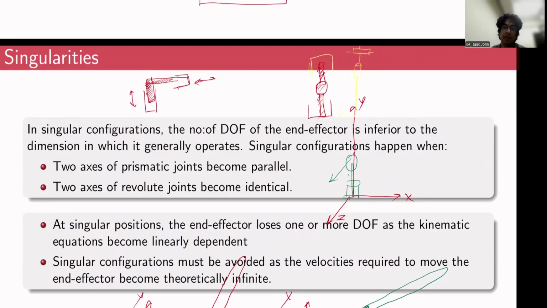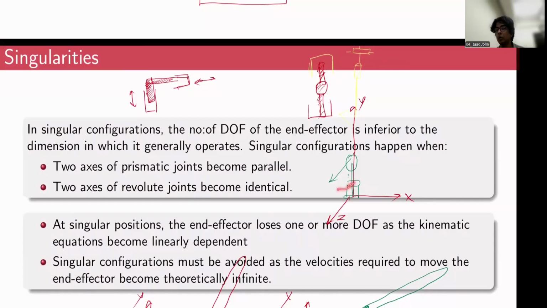It'll still give you the same kind of motion. So in a sense, you are losing a degree of freedom, rather than having X, Y, Z capabilities and all orientation capabilities, you are losing 1 degree of freedom because now two joints are doing the same function, right?